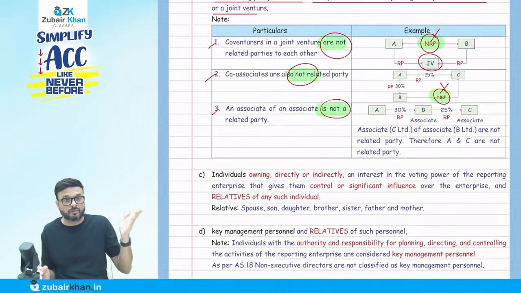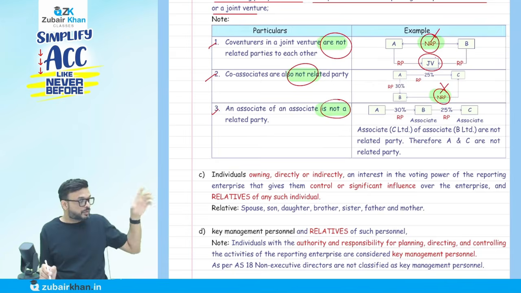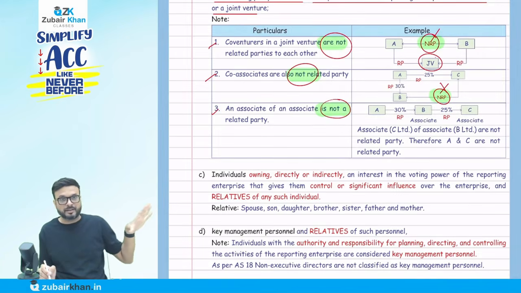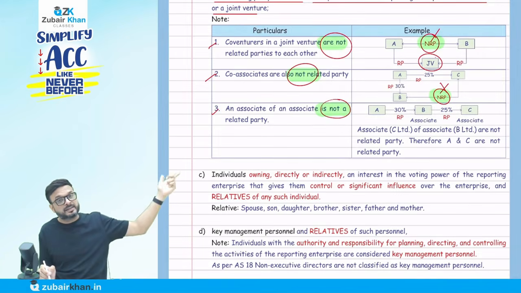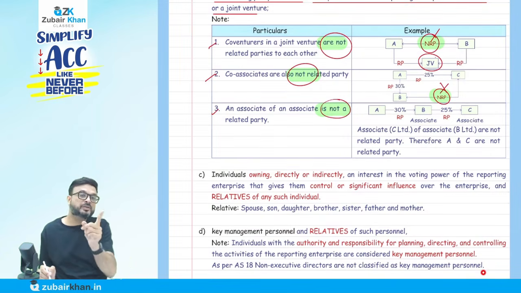But for the associate of my associate: A holds 30% in B, so B is our associate and we are related parties. The associate of B is C. So B and C are related, but A and C are not related parties. To make it simple, just for the purpose of understanding the concept: the friend of your girlfriend is not your friend. I'm repeating, the friend of your girlfriend is not your friend.